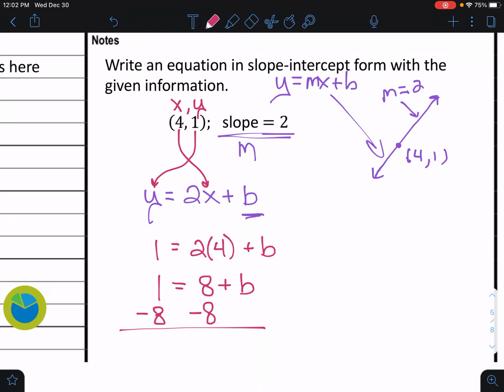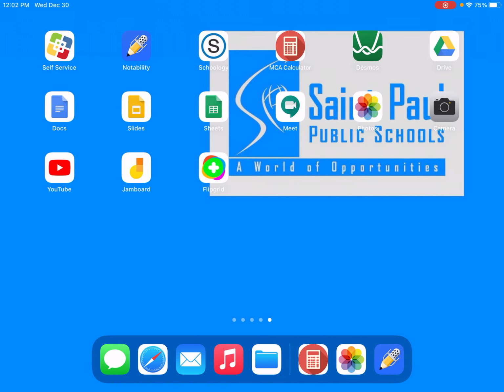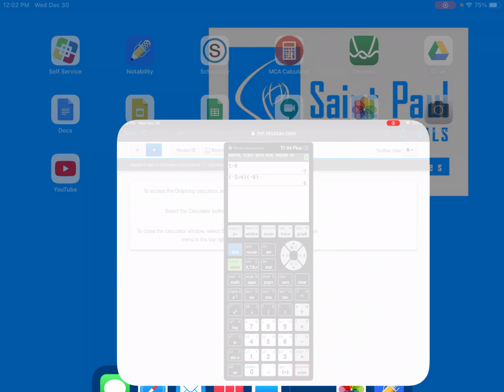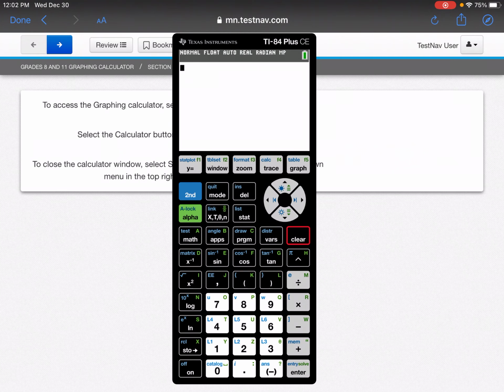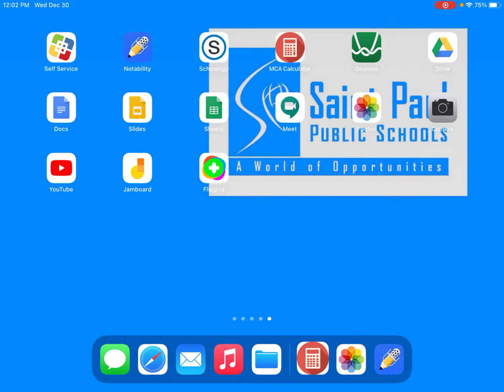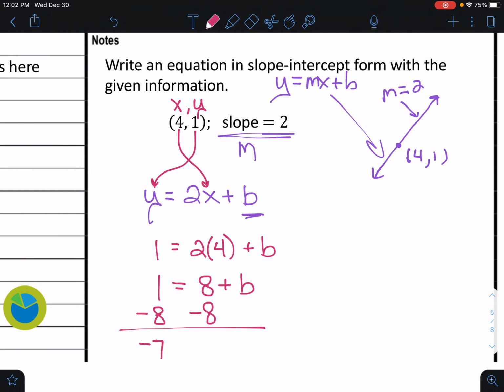So 1 minus 8, that's negative 7. Again, if you're not great with integer subtraction or addition, then just open up your calculator and use that. You say, all right, what is 1 minus 8? I get negative 7. So use your calculator if you have to, so you know you have the right answer.